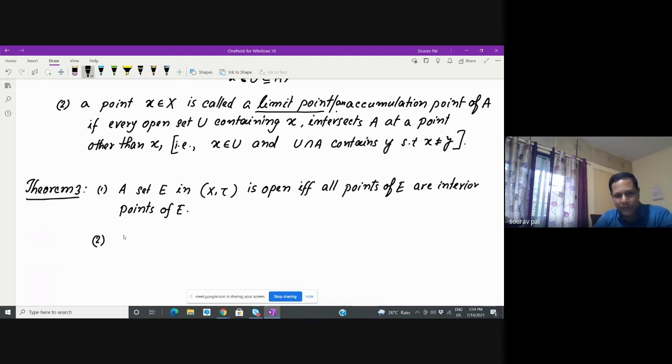So a set F in X is closed if and only if it contains all its limit points.